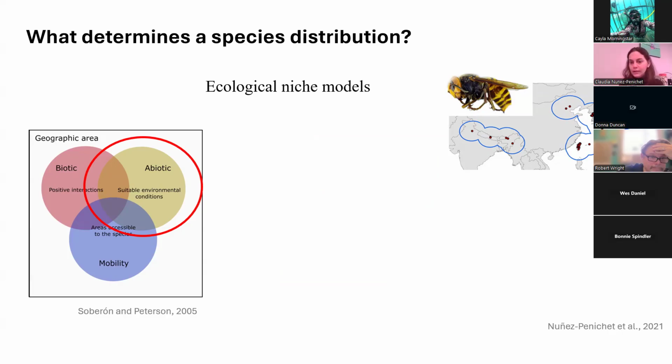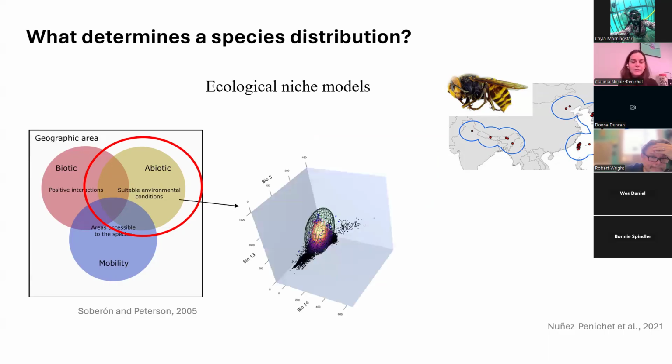We know that they are living there right now, and we can characterize the environmental conditions in those places and reconstruct the environmental niche that the species likes.